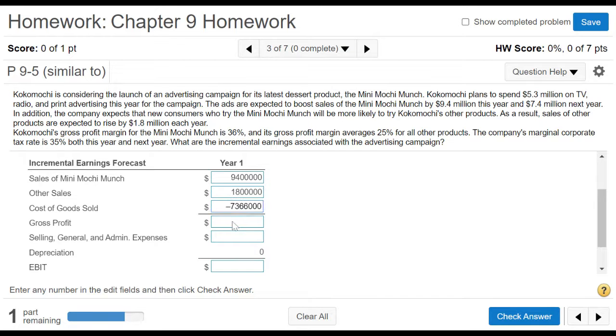Yes, that's the correct number. Okay. Now let's subtract that. Wait, can we use the negative here or parentheses? Yeah, no, you can use negative. Okay, so what's gross profit here? You got to subtract this from this. Anybody?